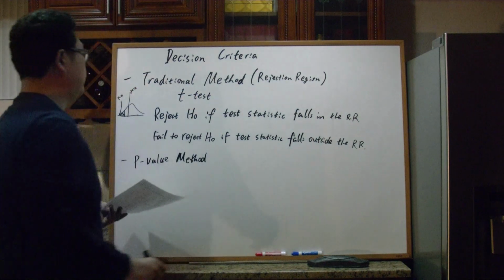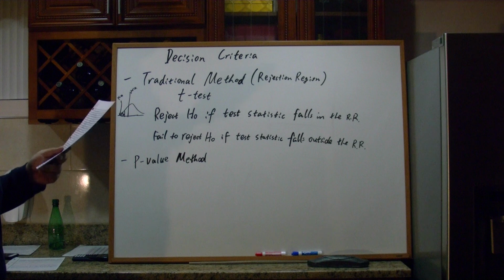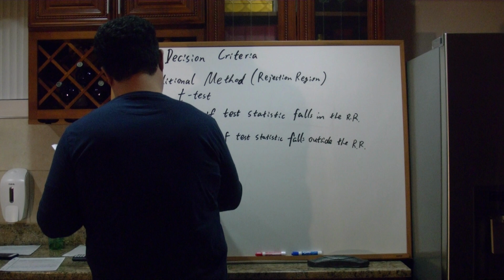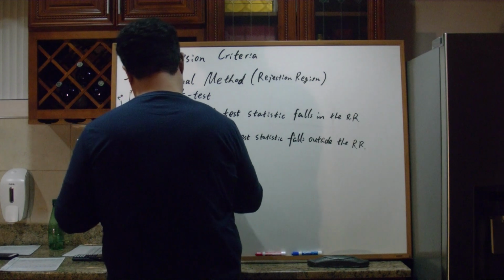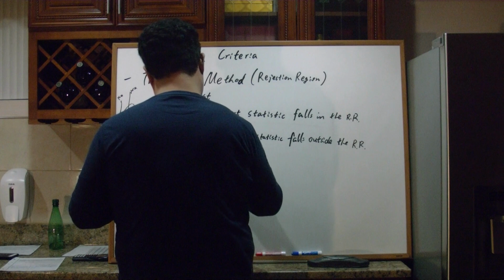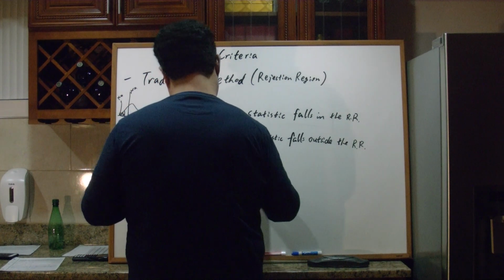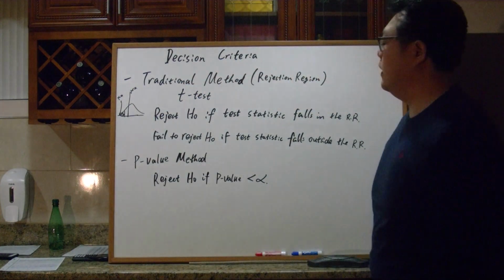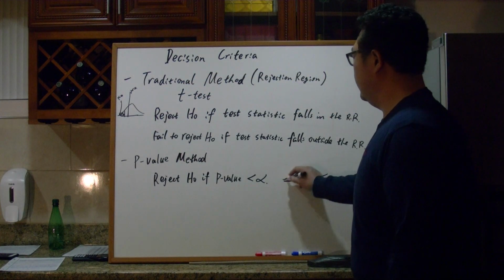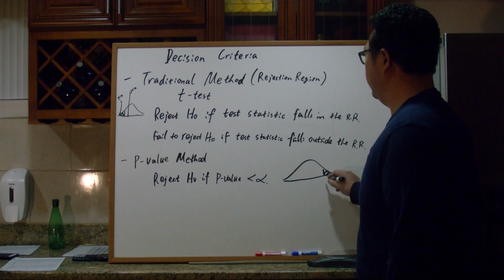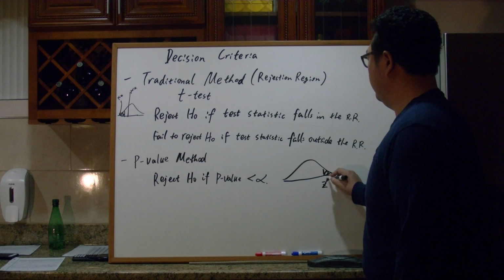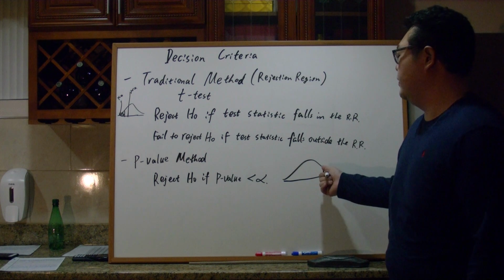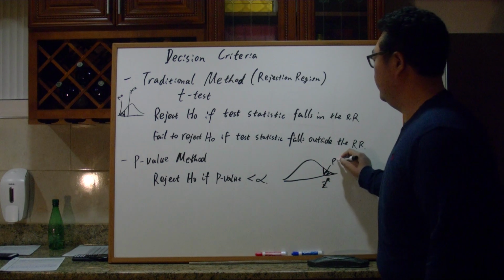And the p-value method is a relatively new method. We have a critical value of alpha. We have a normal distribution of the test statistic, the z-score. Then we find this area, and this area is called the p-value.